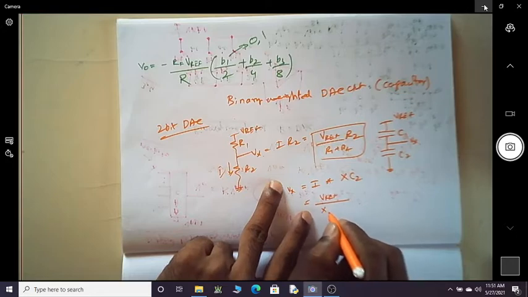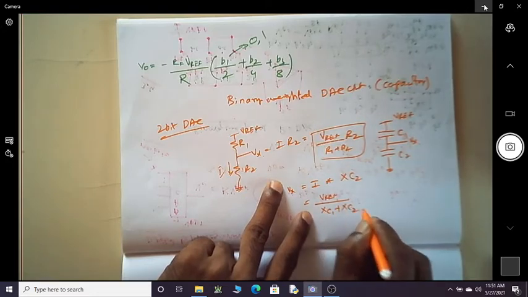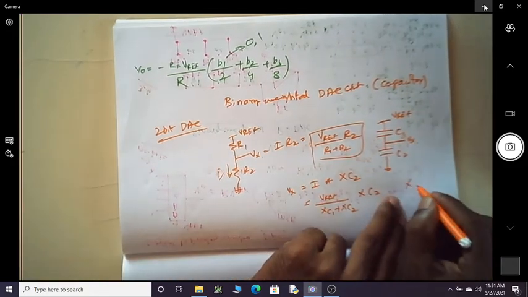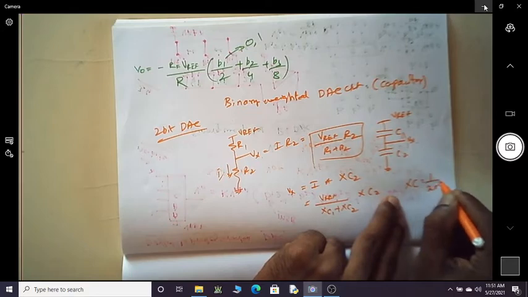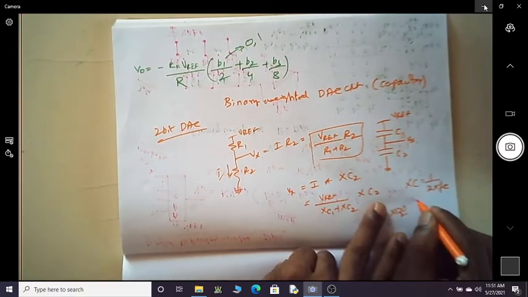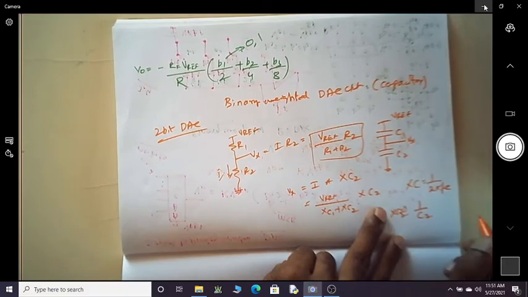That is, you can write it as Xc1 plus Xc2, and of course this is Xc2. But we know that reactance is given by 1 over 2 pi Fc. So I can approximately write Xc2 as proportional to 1 over C2.